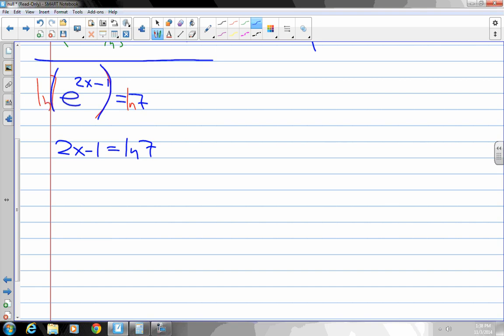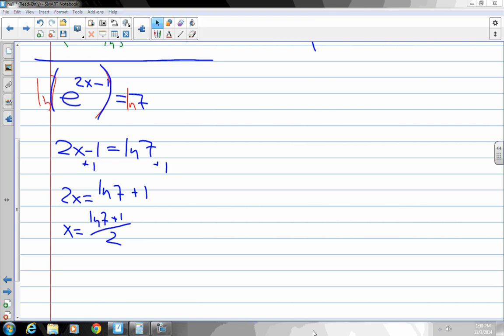Linear equation, I can easily solve that. Add 1 to both sides. 2x equals natural log of 7 plus 1. Divide by 2. So whatever that is, that's our solution to this equation.